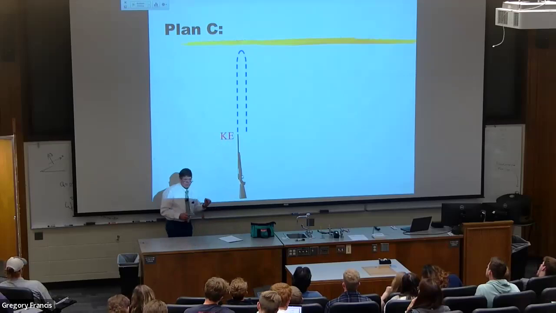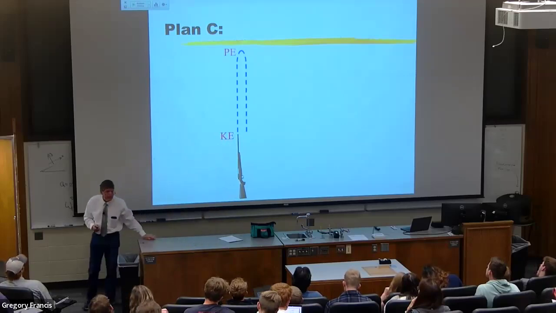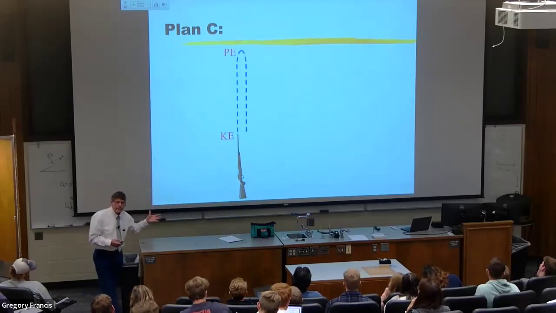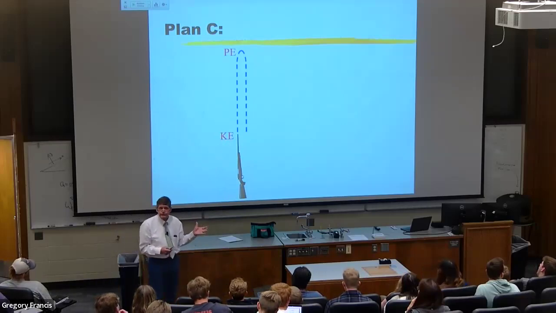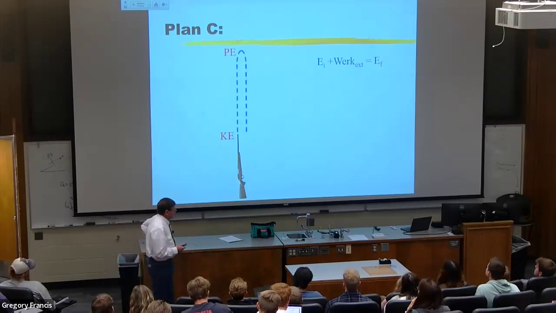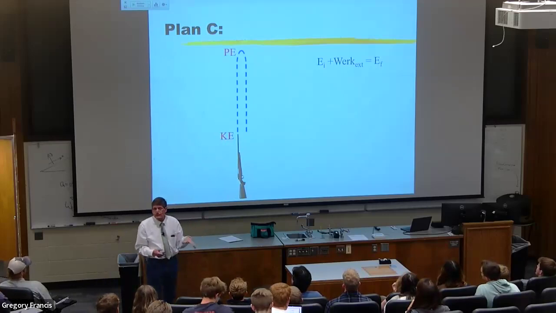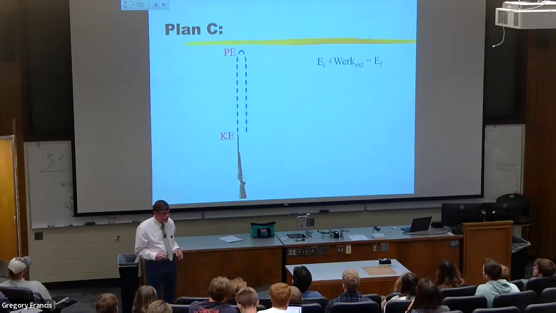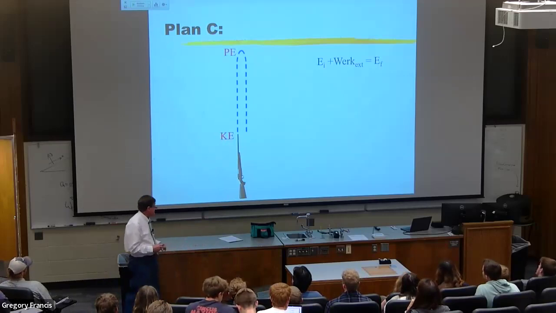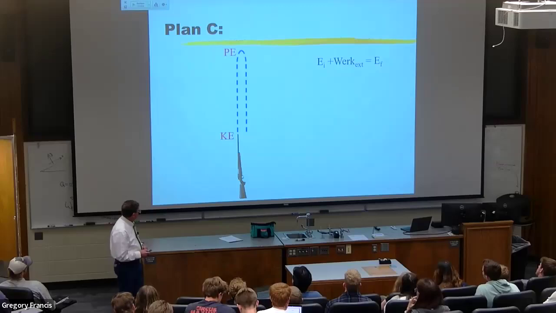Now that bullet has to stop to turn around and come back down. So up there, it's all going to be gravitational potential energy. And if we make the assumption that we don't have to worry about air resistance, again, not a perfect way of thinking of things, but it simplifies the problem, then we have energy conservation.